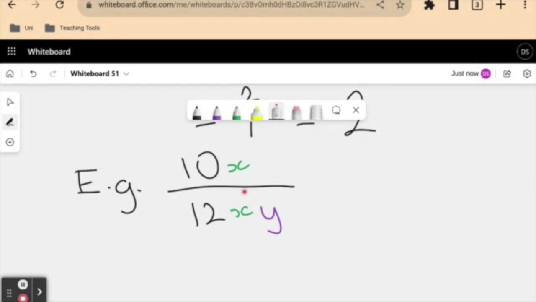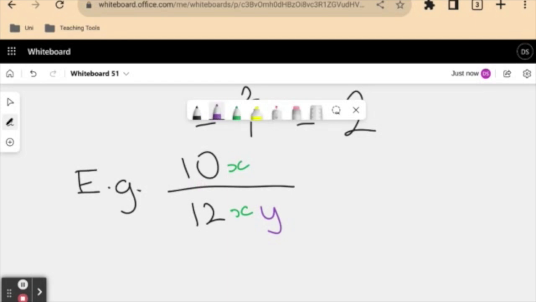So I'll try to do this a little bit quicker. We'll just try to do this all together. Well, we have an x and an x here. So we already know that's a common factor. And the highest common factor between these numbers is 2.